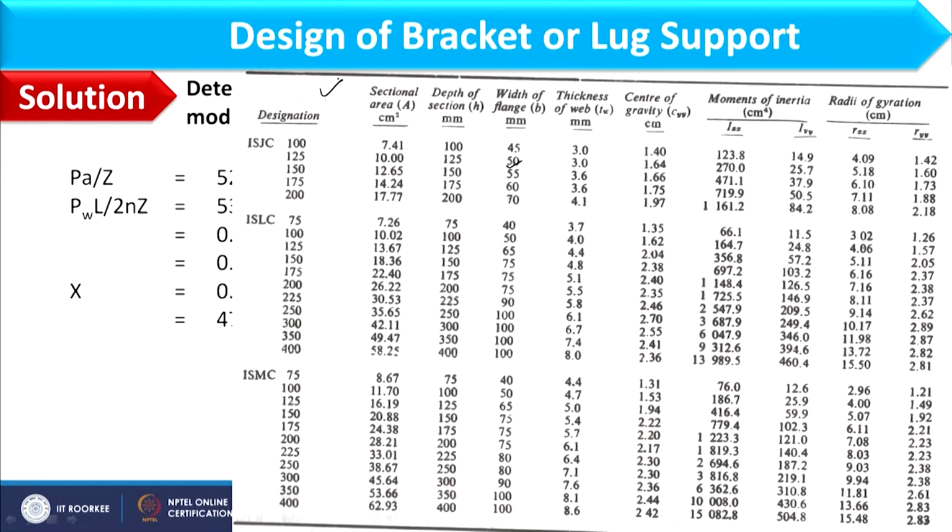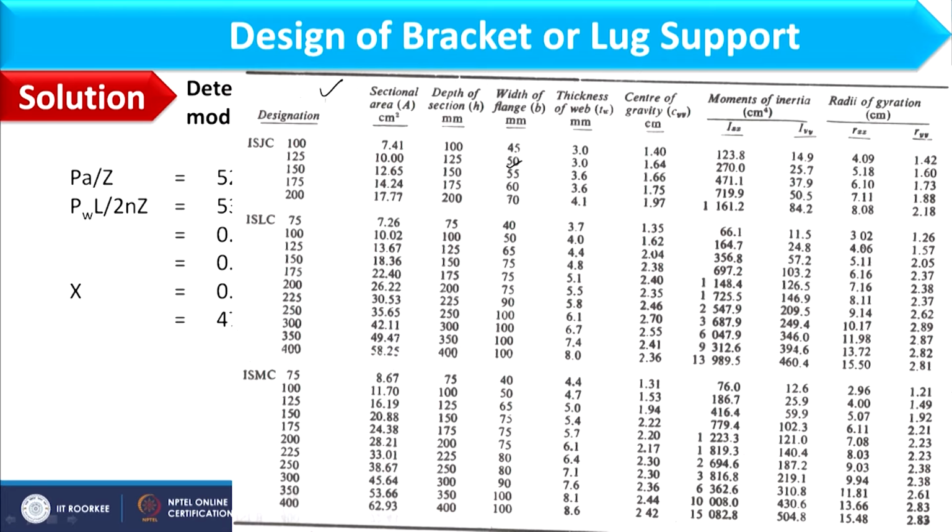As the cross sectional area of the column comes as 47.29 centimeter square, I have to choose a column which is higher than this area. For that purpose I have to see the table of channel, which is basically table C3 in BC Bhattacharya book. So, here you see 47.29 was the minimum area.